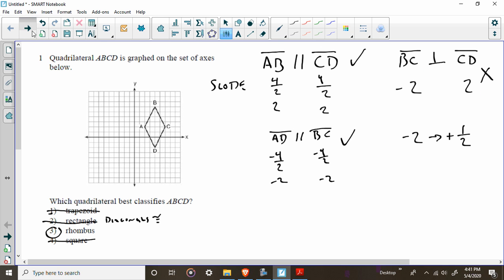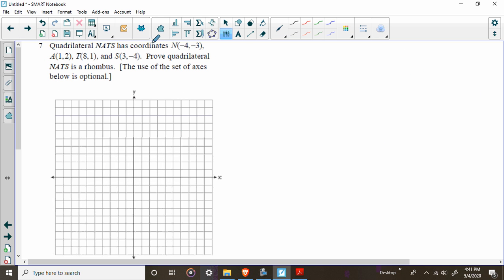Okay? All right. Quadrilateral NATS has coordinates negative 4, negative 3, negative 1, 2, 3, 4, negative 1, 2, 3, 1, 2, 1, 2, 3, 4, 5, 6, 7, 8, 1, 1, 2, 3, negative 1, 2, 3, 4.